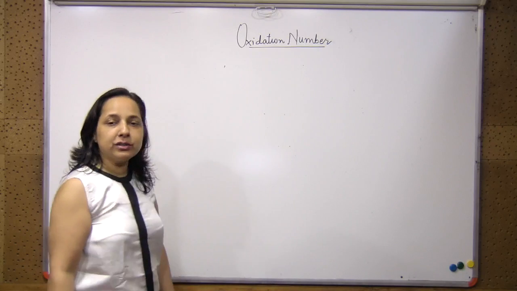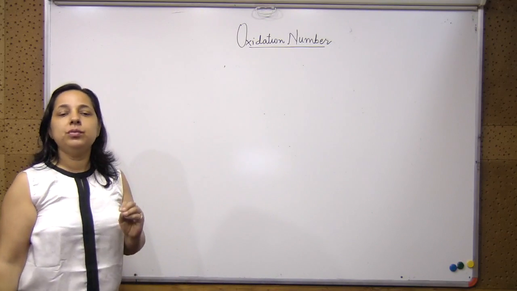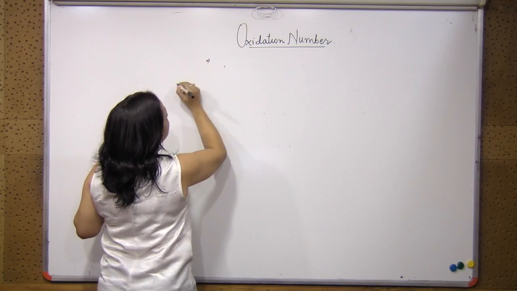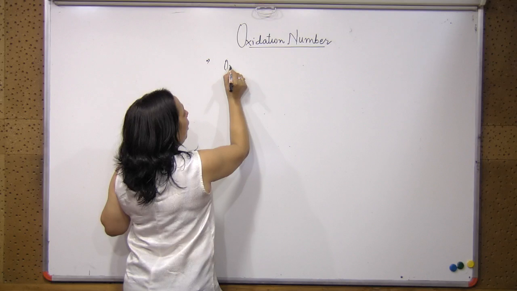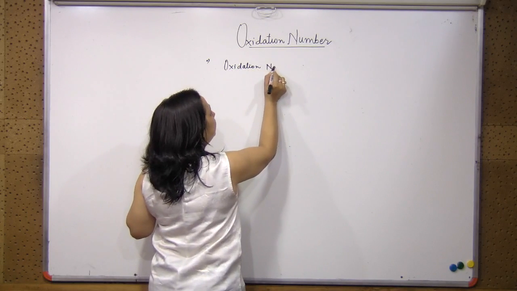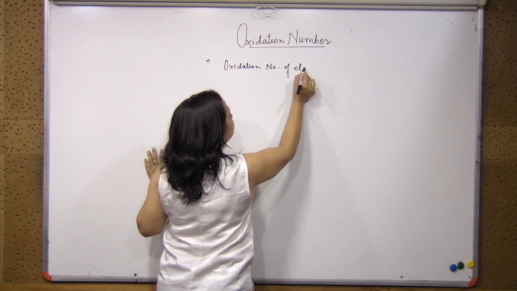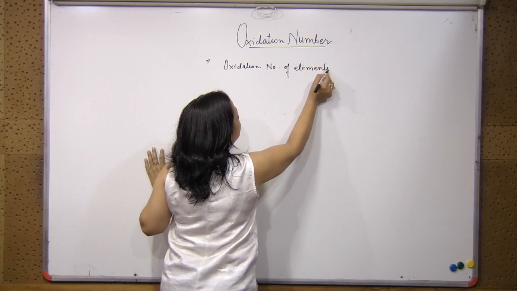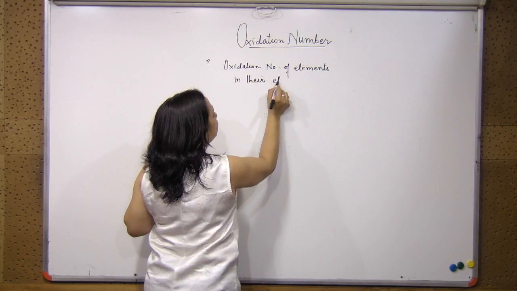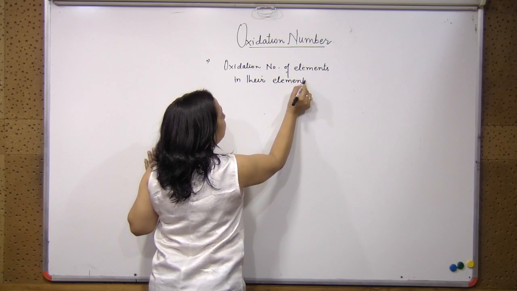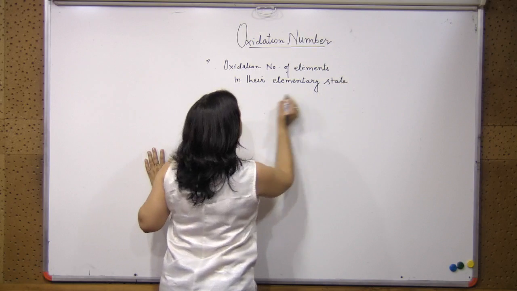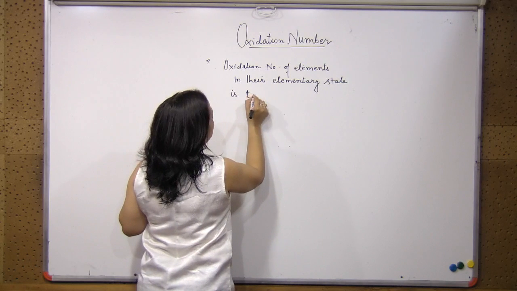If we want to calculate oxidation number, some rules we must remember, and those points are: first point, we have oxidation number of element in their elementary state is taken as 0.